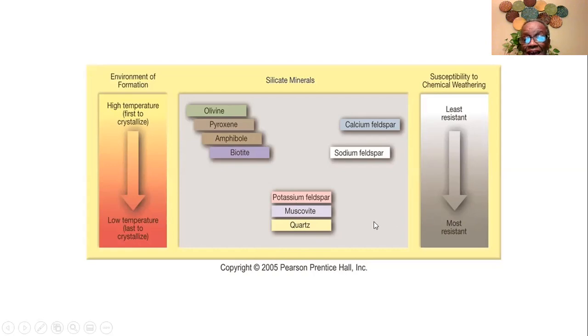So with that in mind, on the surface of the earth, if you have an outcrop of basalt and an outcrop of granite, you would expect the basalt to weather easier. And the reason for that is because the minerals that make it up were those minerals that crystallize out at high temperatures below the surface of the earth. And on the surface of the earth, that will put them in the least resistant environment.